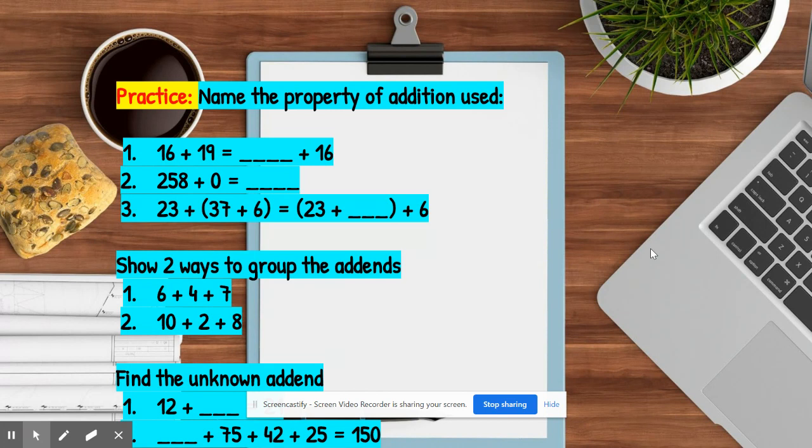It's kind of like in reading class or in communications class when you have to fill in what's missing in the sentence. Well, you're doing that here too with math. It's just not going to be a word, it's going to be a number. And then you're going to tell me what's the property.